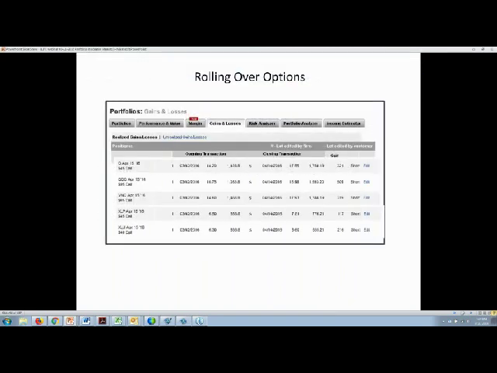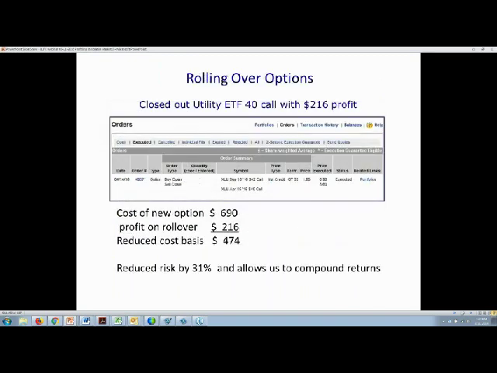So here are a few examples of closed out trades. Here's one for the utility ETF. We closed out of the 40 strike call with a $200 profit, and we rolled into the 42 strike call, and we had a $216 profit on the closeout of the 40 call.